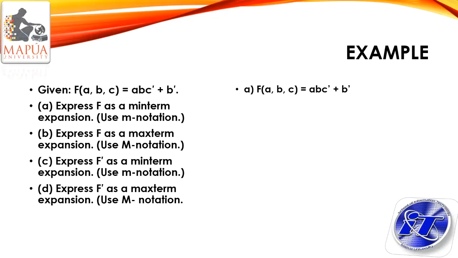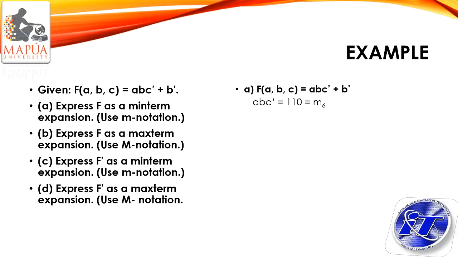Another example. Let's get the min term of the given example, get the max term, get the min term of the complement of the function, and get the max term of the complement of the function. So ABC naught plus B naught. Let's get the min term list first.